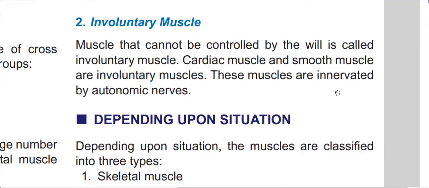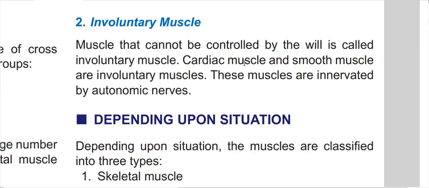The other type is involuntary muscles, which cannot be controlled by the will. The cardiac muscle and the smooth muscle are involuntary muscles. Involuntary means that they don't contract or relax according to our will. So cardiac muscle, smooth muscle. Cardiac muscle means heart muscle, the muscle present in our heart. It does not contract and relax by our will.